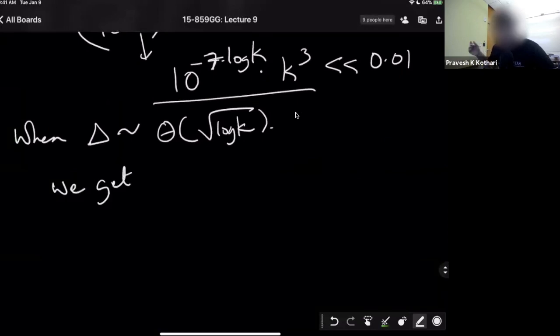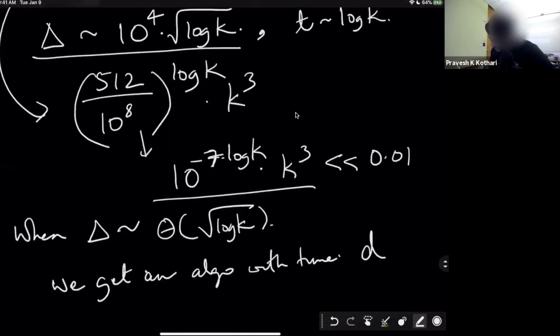The runtime of the algorithm was d to the o of t squared. Because we chose t equals log k, we got a d to the order log squared k time algorithm in this setting. So we beat the brute force algorithm that was running in time d to the omega k by somewhat, and we got a quasi-polynomial algorithm in k instead.